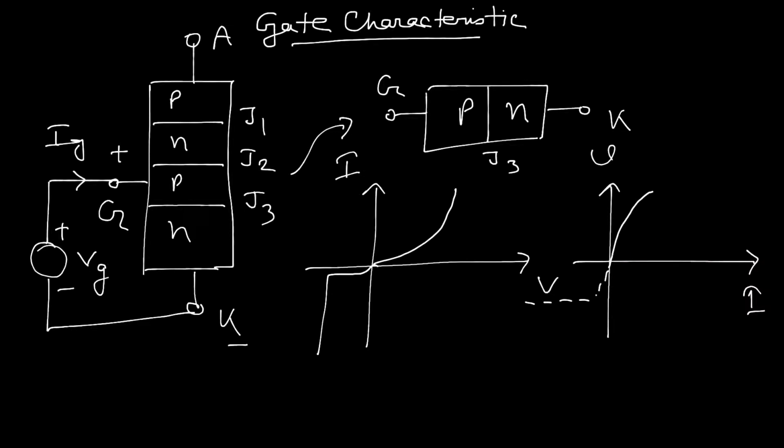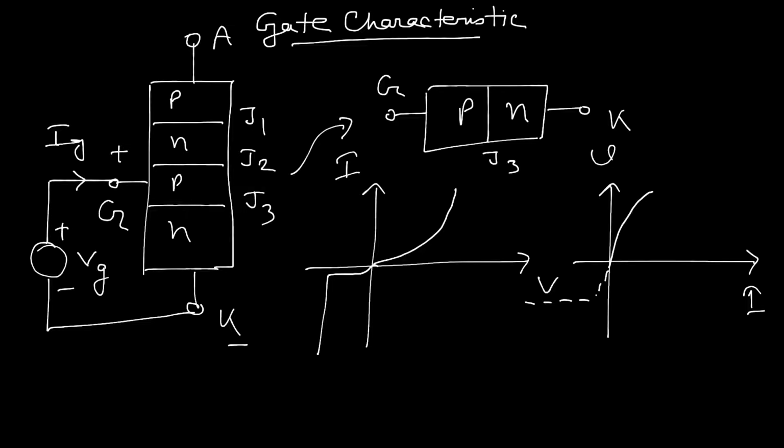But for some application purposes, several types of characteristics can occur for different types of resistivity due to the presence of 4 layers and 3 junctions.